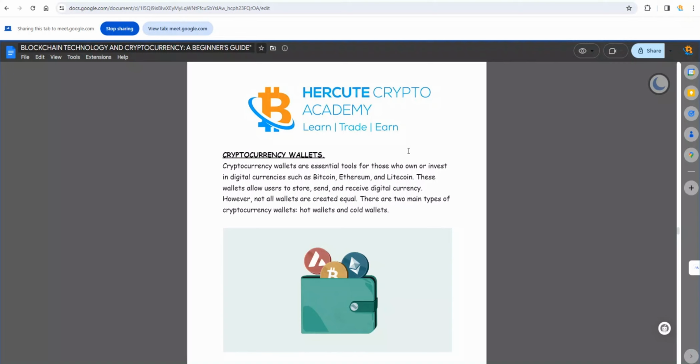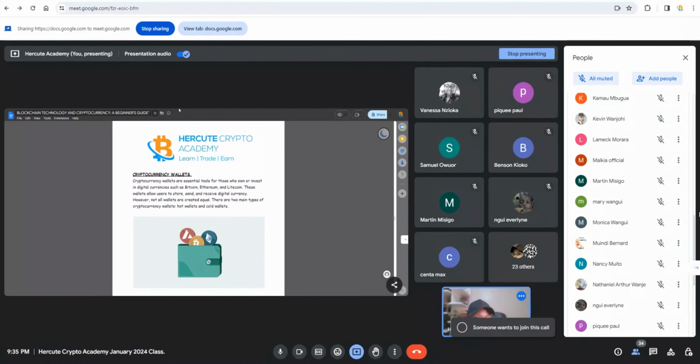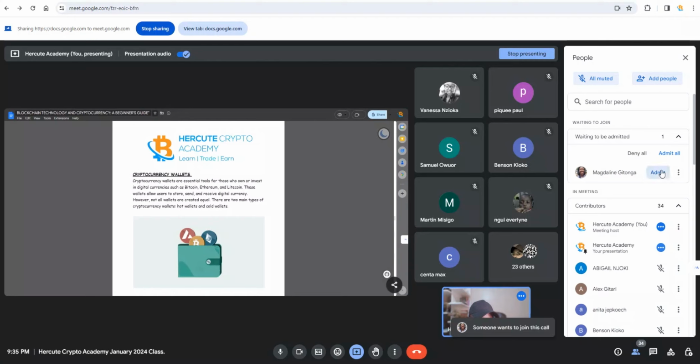We're going to look at how these two cryptocurrency wallets differ. Later, we are going to break these two wallets into what we call custodian and non-custodian wallets, and we are going to see what that is and how important that is as well.